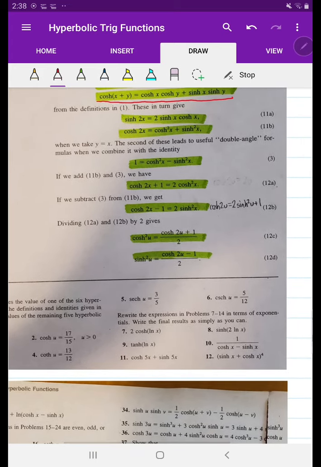So then we also have some double angles. Sinh 2x is 2 sinh x cosh x, and cosh 2x is going to be cosh squared plus sinh squared.